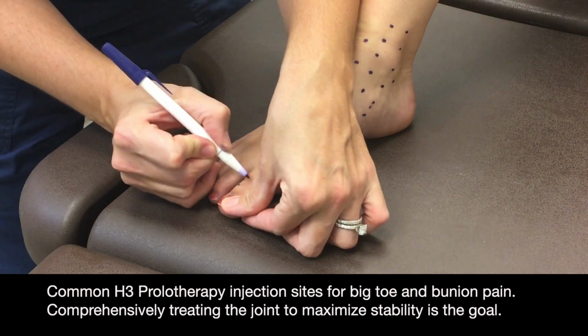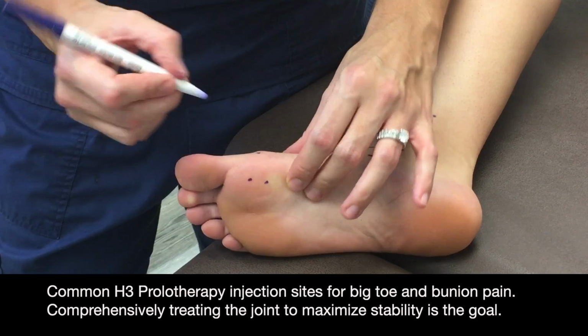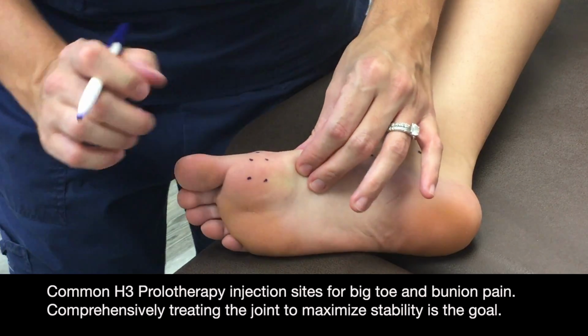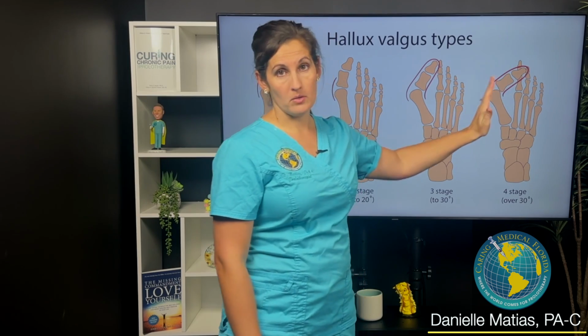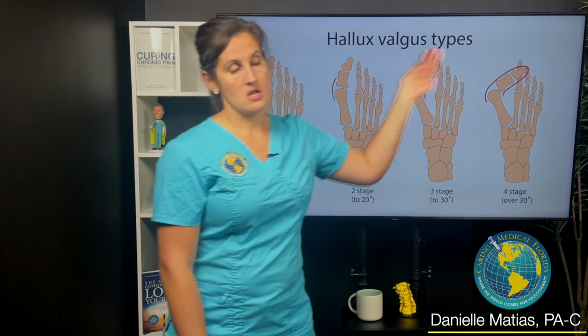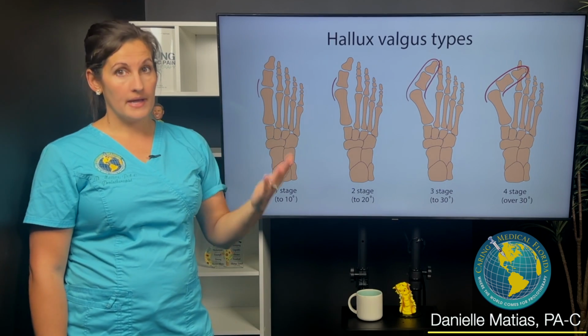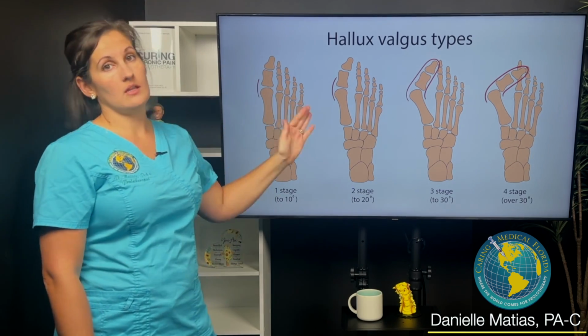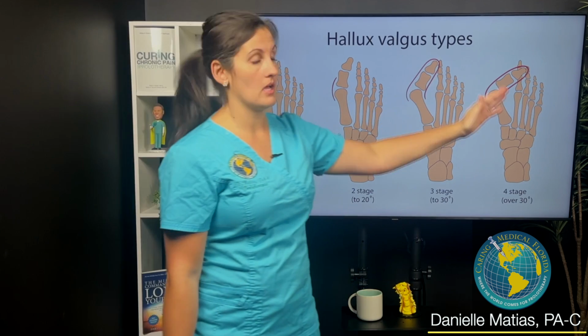When somebody has big toe instability, maybe a mild case of this hallux valgus, much better candidate for us trying to restore their joint. When we get very far into these deformities and that bone is just kind of stuck that way, prolotherapy can't reverse that. So it's much better to start the healing process when things are not as chronic and have not become as advanced.